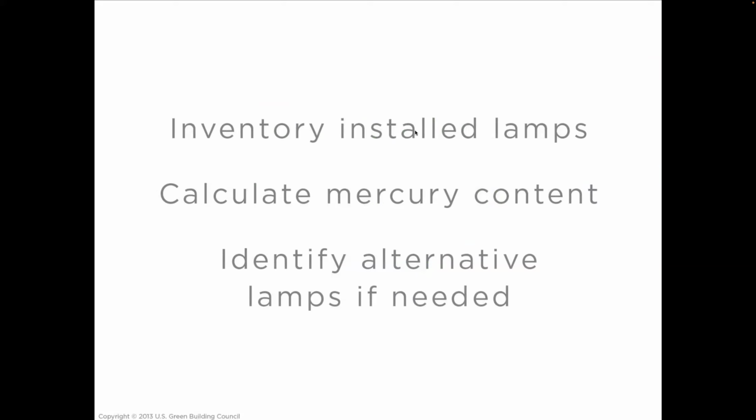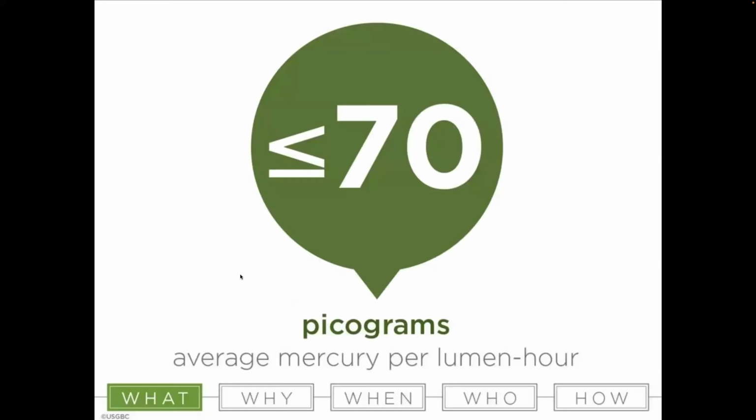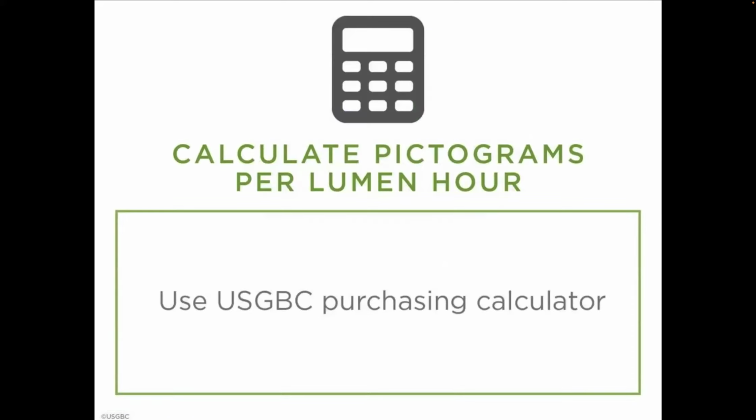So you first have to do an inventory of all the lamps, then find the mercury content of those lamps, and then identify alternatives. The measure is average picograms of mercury per lumen hour. You can calculate that using the calculator. And if you meet that, then you get points.